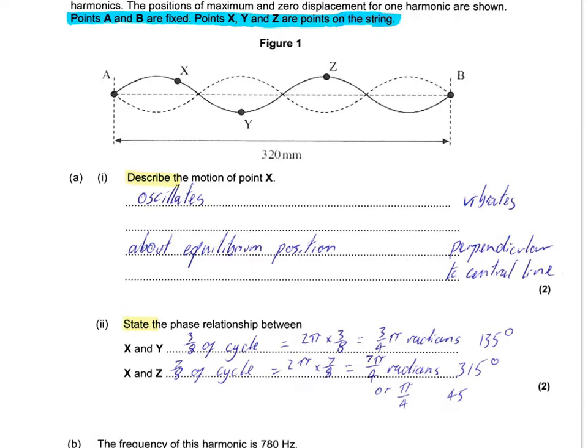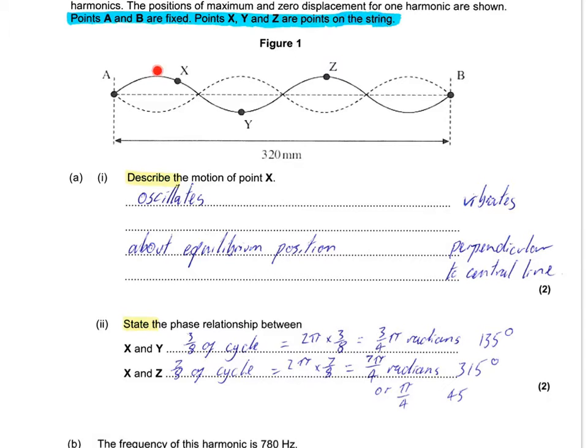And Y is another 3/8 further on. So X and Y are 3/8 of a cycle apart, 3/8 of a wavelength apart, if you like, on that diagram. Now the phase relationship is 2 pi, because a complete cycle is 2 pi. So we've got 3/8 of a cycle, so it's 2 pi times 3/8. That's 3 pi by 4, 3/4 pi radians. Now if you want to do that in degrees, that's 135 degrees.